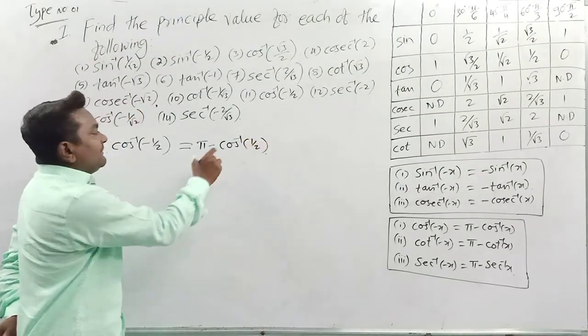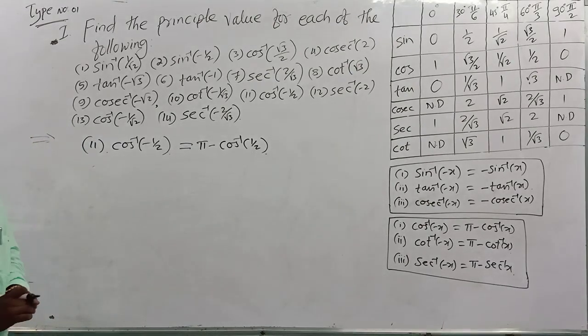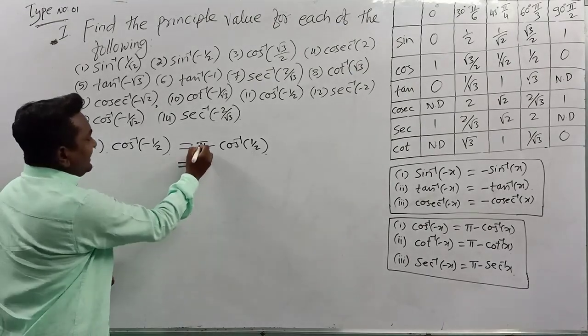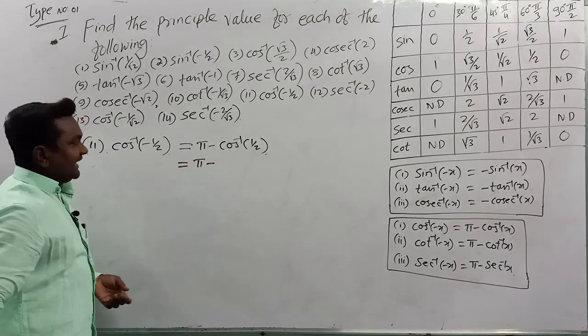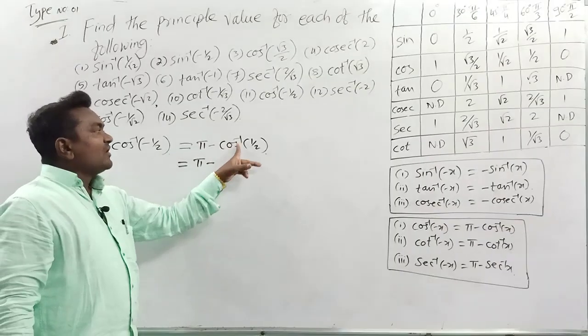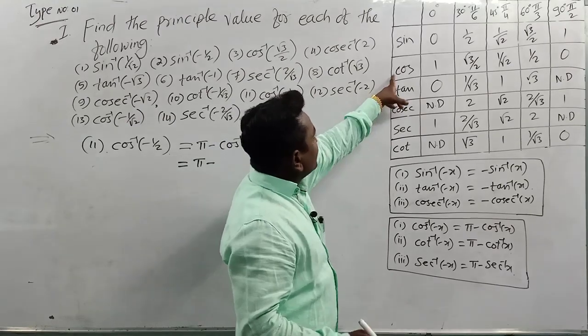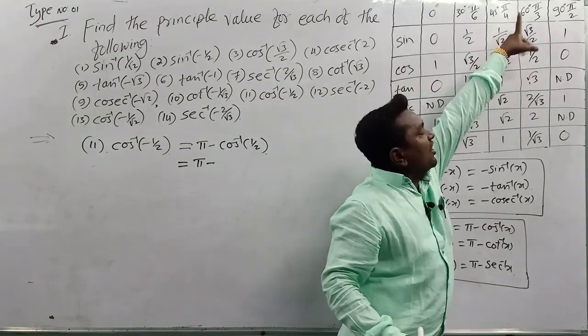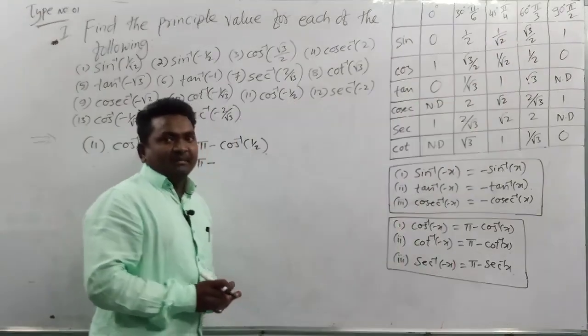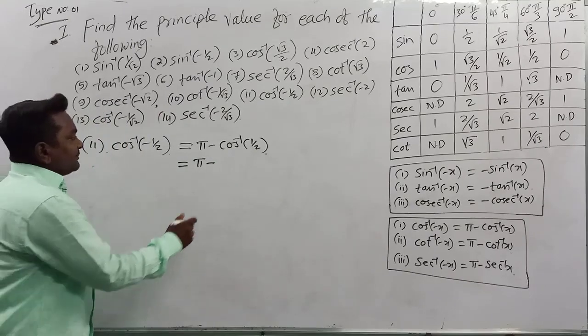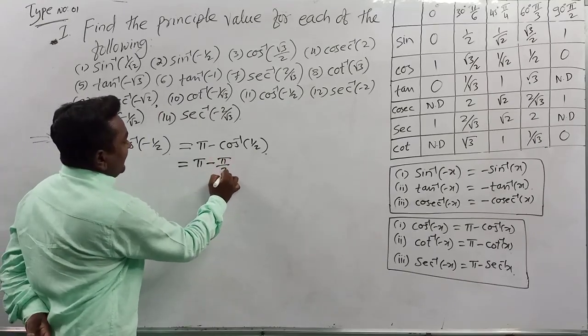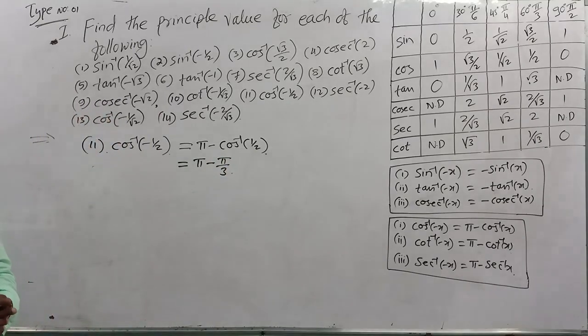Remember. So pi minus cos inverse 1 by 2. Now again simplify, pi keep as it is and replace the value for cos inverse 1 by 2. See the table. Cos 1 by 2 is equal to how much degree? 60 degree, means pi by 3. Write down its value, that is pi by 3.